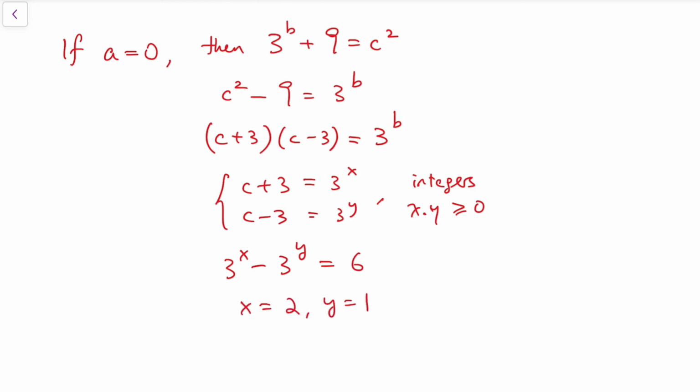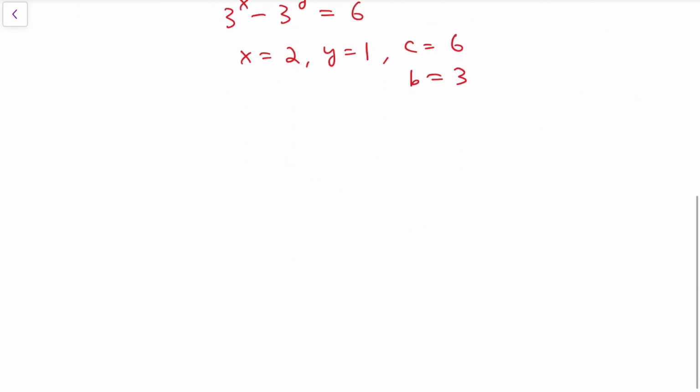And the only solution for that is x equals 2 and y equals 1. From this, we know c equals 6 and b equals 3. So for this case, the solution is (0, 3, 6).